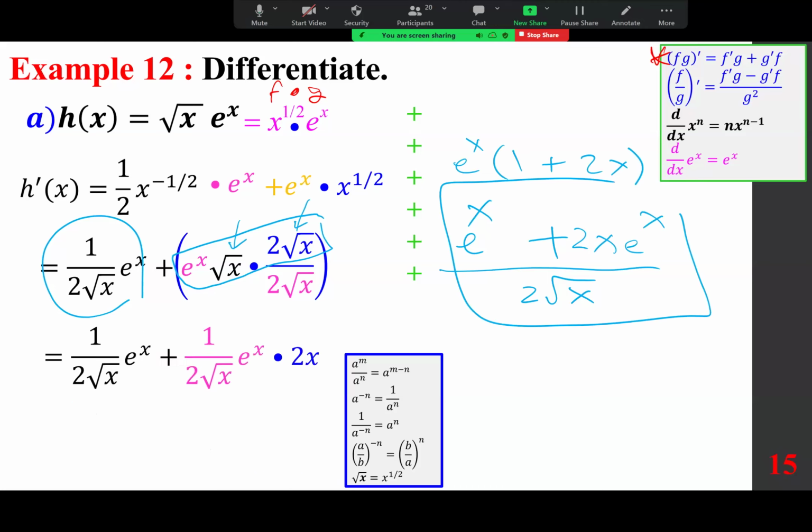Or you can do it in this fashion and factor 1 over 2 square root of x e to the power of x. This is left with 1, this is left with 2x. So it's very straightforward. I hope everybody is okay with that.